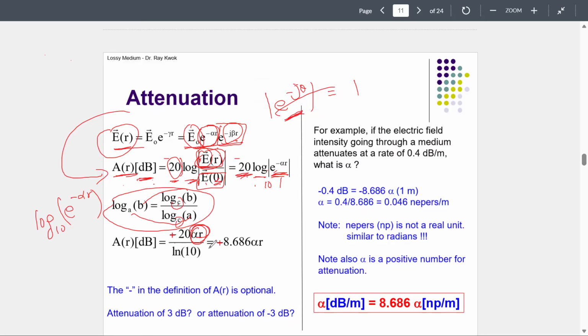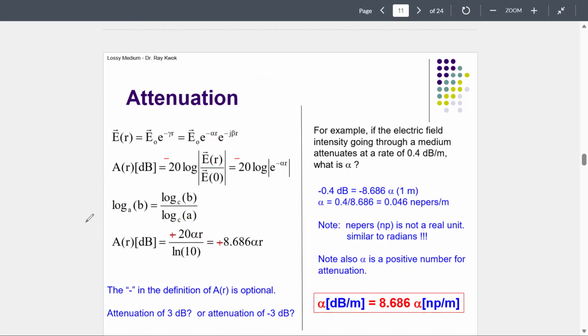And then in the bottom, I have ln of 10, right? Because this is base 10. You can go back and redo this yourself and try to understand it better.